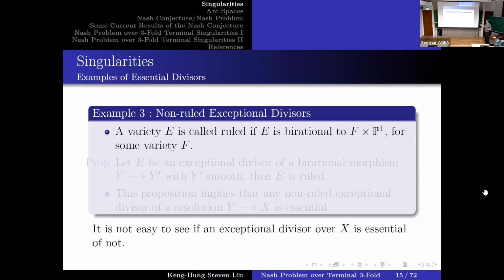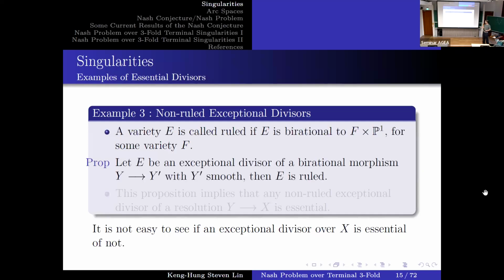The next example is like Professor Ding mentioned, non-ruled divisors. A variety E is called birationally ruled, or ruled, if as a variety it is birational to some variety F times P1.